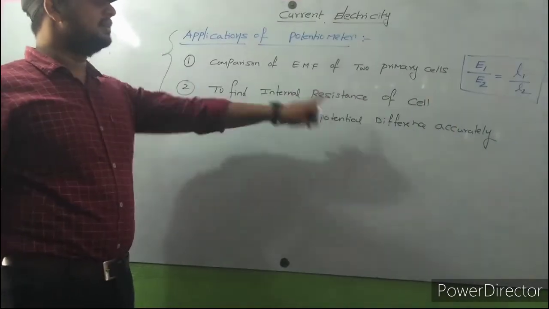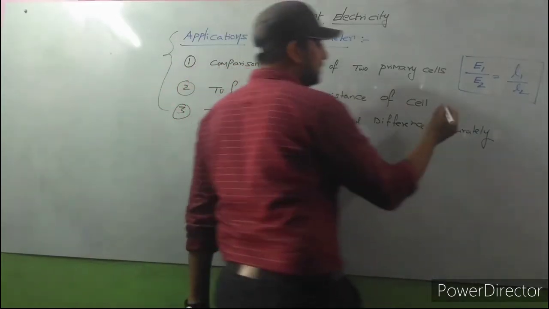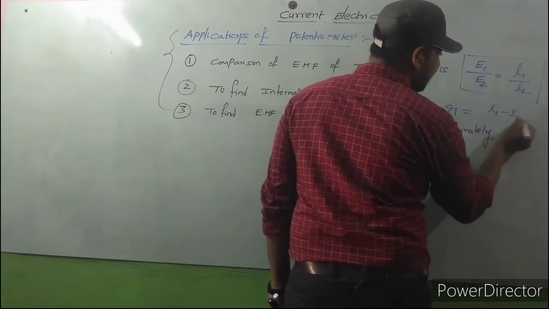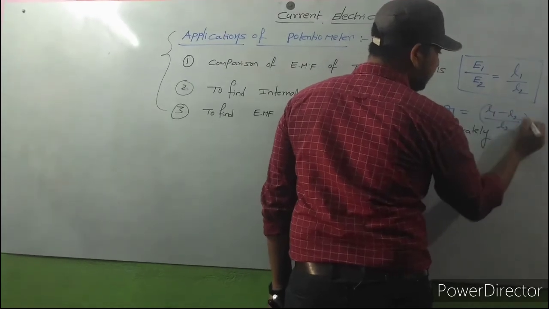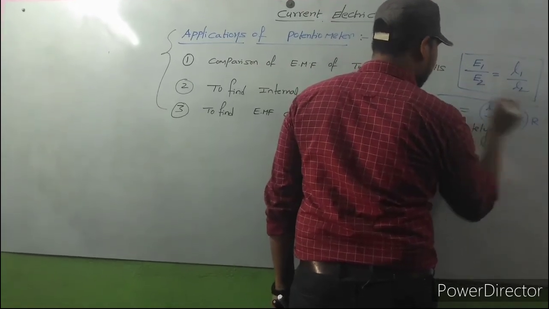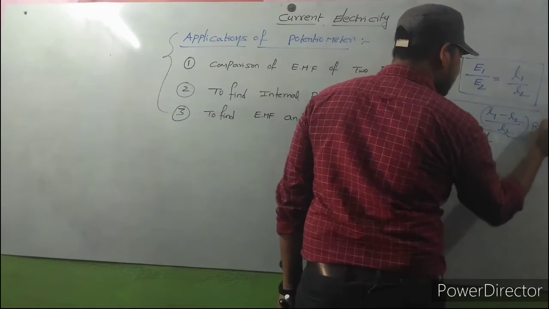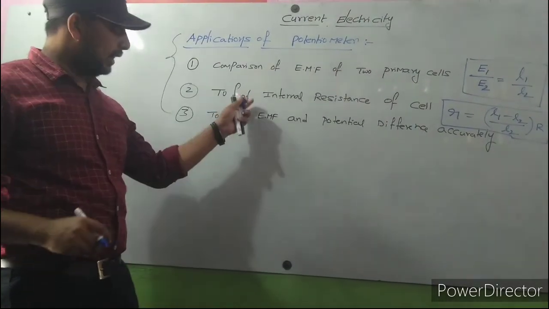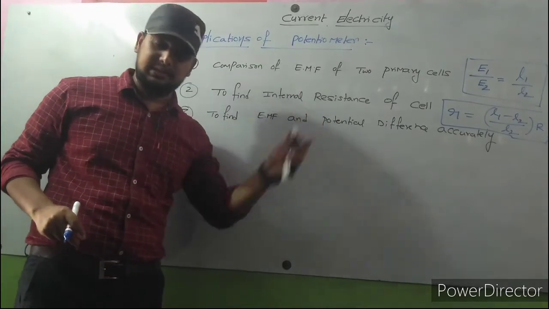Next, to find internal resistance of the cell: small r is equal to (L1 minus L2) by L2 into R. This is the formula we will get in the second application.